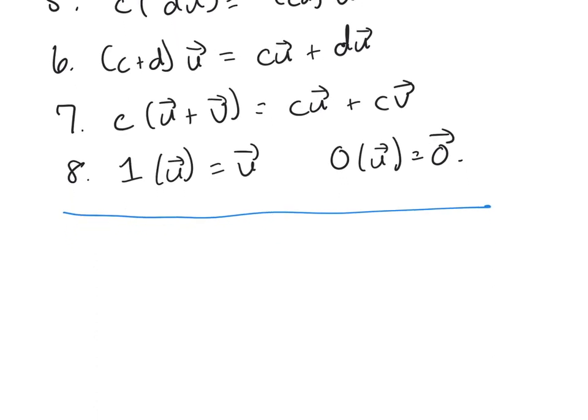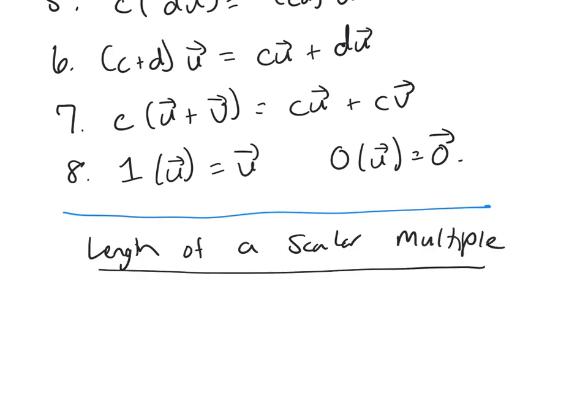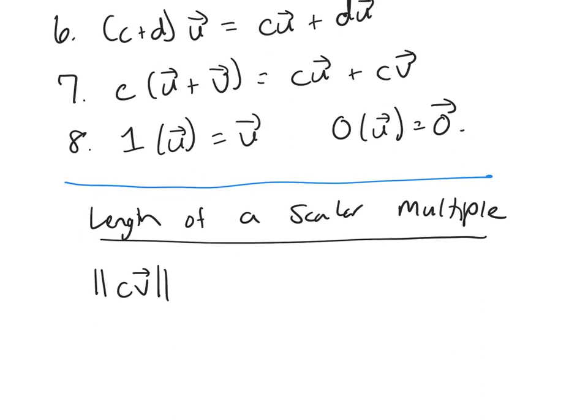I do want to mention another property that we have. The length of a scalar multiple cv is the length of the vector v times the absolute value of c.